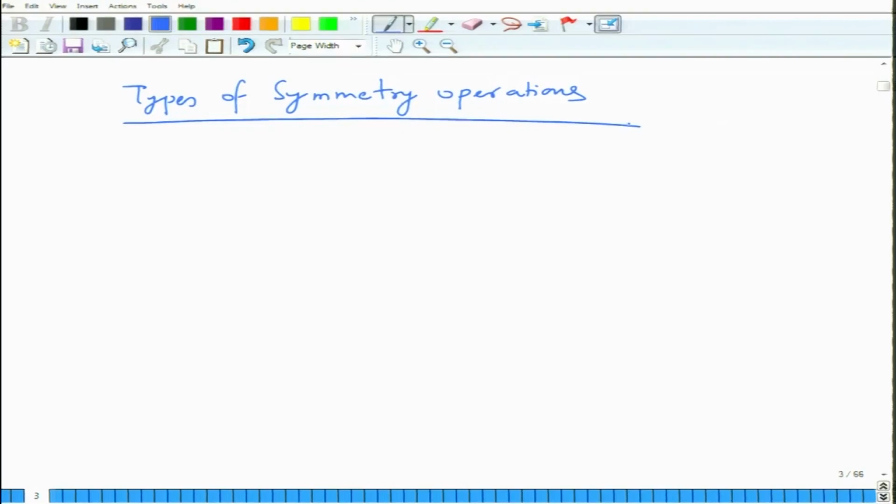Types of symmetry operations. The first one we should call translational, because if you start just from a 1D lattice, let us say you have this case of a 1D lattice, and you just put an atom here.